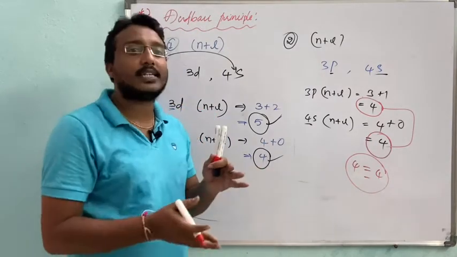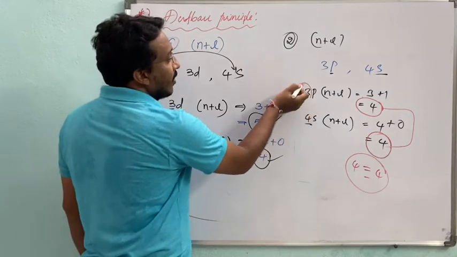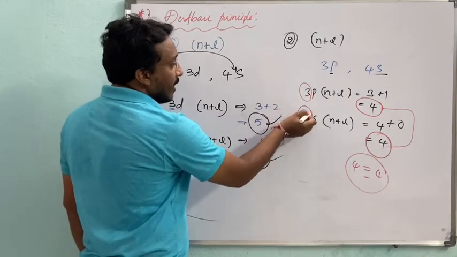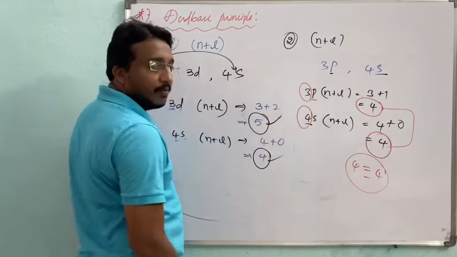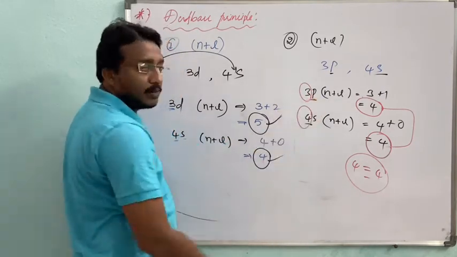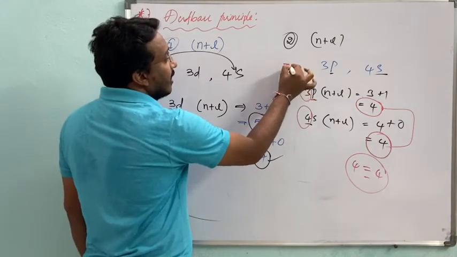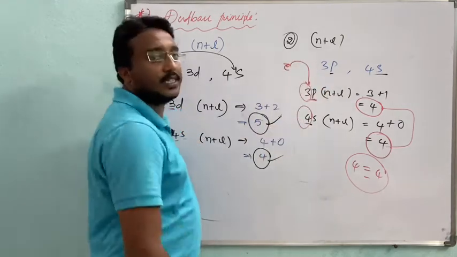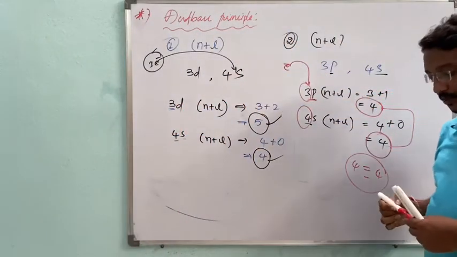If both are the same, we depend on the principal quantum number of the given orbitals. Here 3p, 4s. In which orbital is the principal quantum number less? The p orbital's principal quantum number is less. So that's why we have to fill the electron in the 3p orbital first. Got it? This is given by the Aufbau principle.